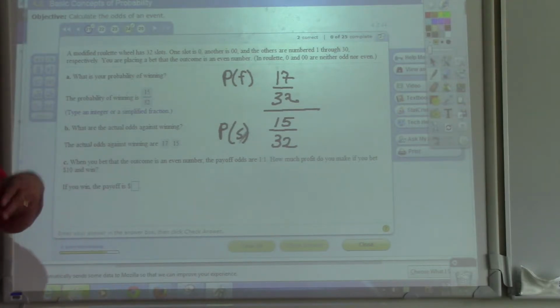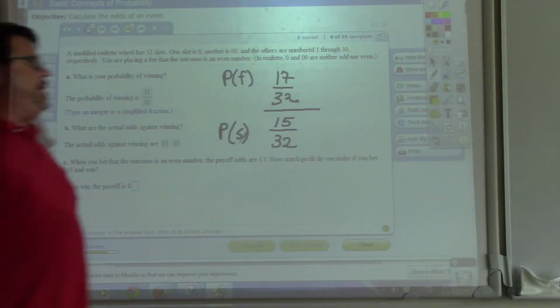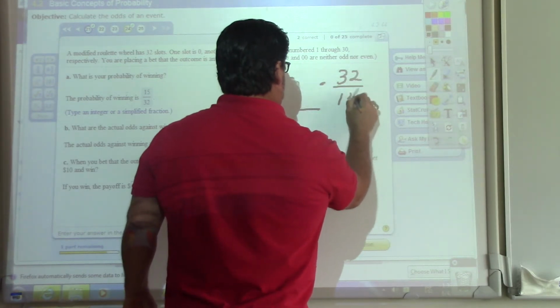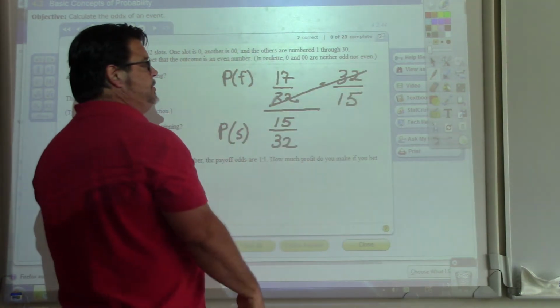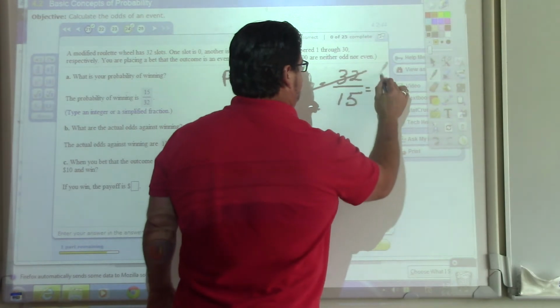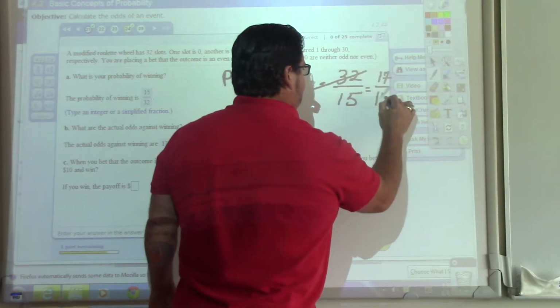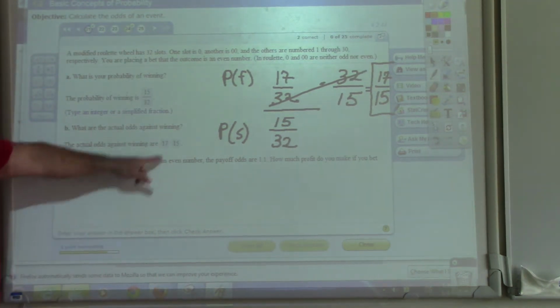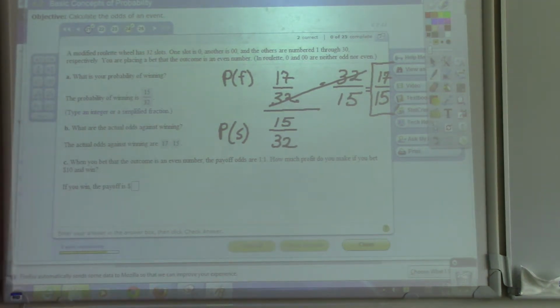A fraction divided by another fraction, you multiply by the reciprocal. And the 32's cancel. And you're left with 17, no coughing in class, please, 17 over 15. And that is what the answer is. So if they were asking in favor, it would be 15 to 17.